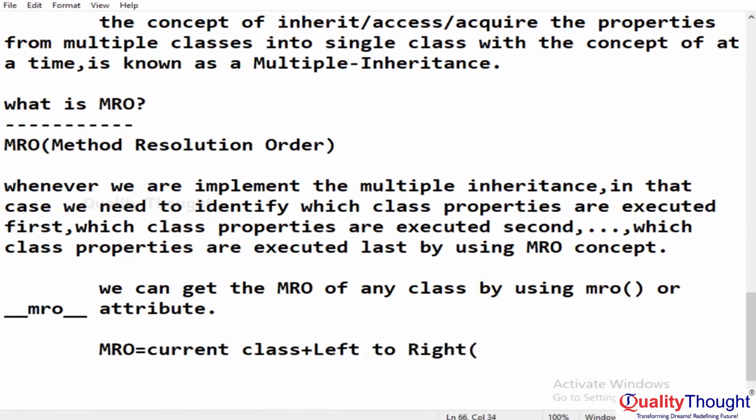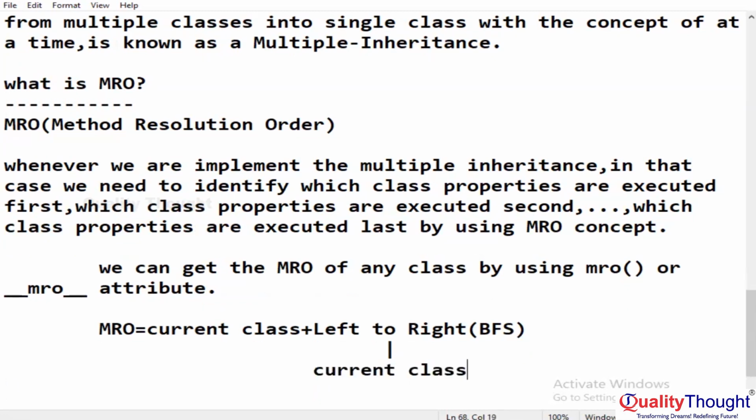That means in graph terminology, we are calling it the BFS algorithm, breadth first search algorithm. Again, we can apply the same procedure up to the last class. Current class plus again left to right.